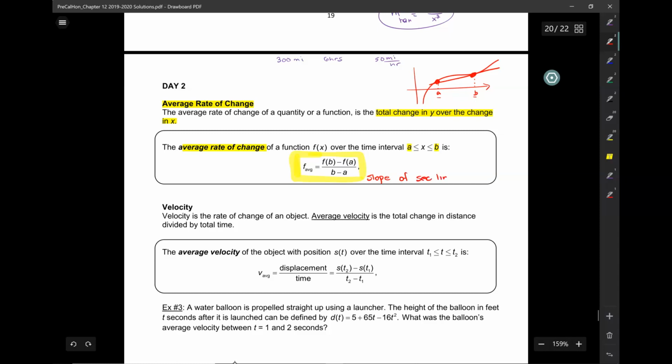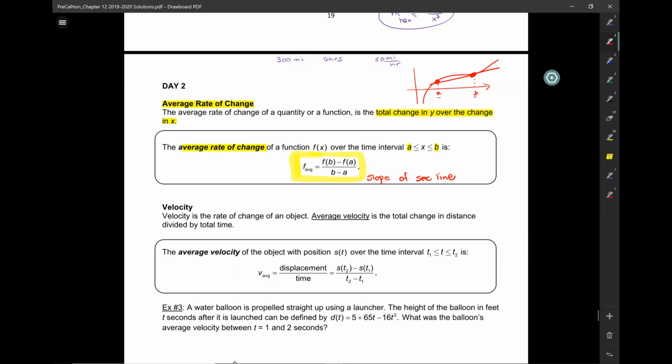Last time we talked about the fact that instantaneous velocity, the instantaneous rate of change, was the slope of the tangent line, and average rate of change is the slope of the secant line.